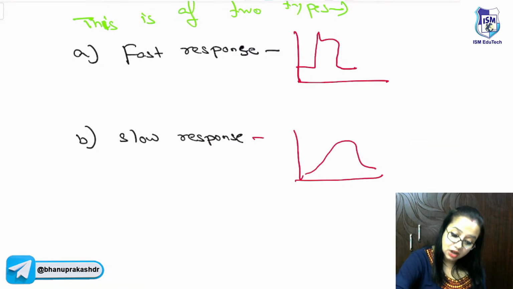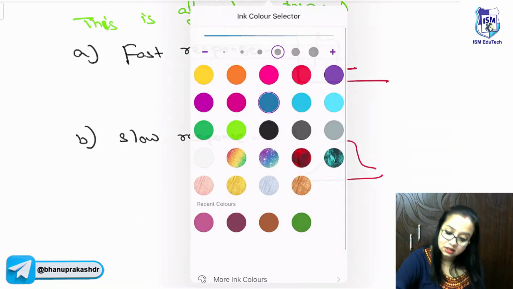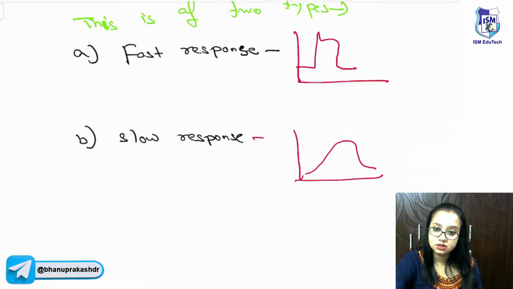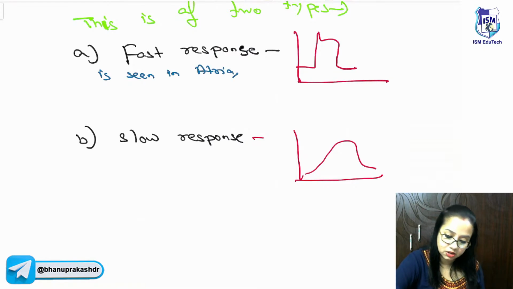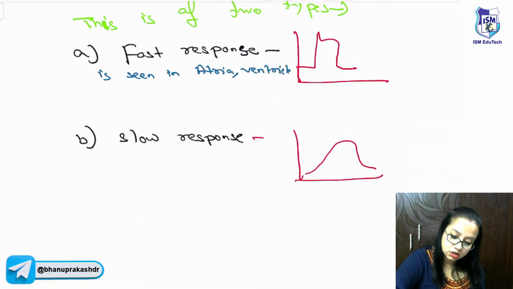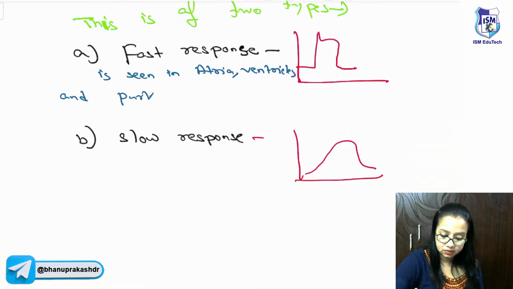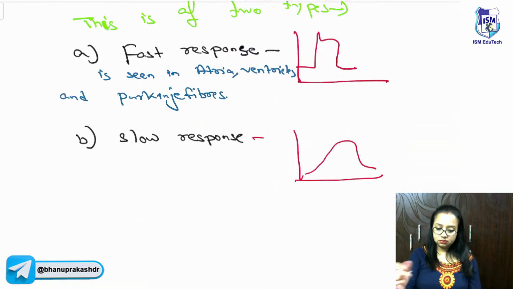Now, the structures in the heart that show the fast response are the atrial cardiomyocytes, the cells of the atria, ventricles, and Purkinje fibers.